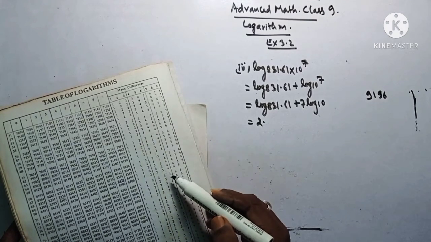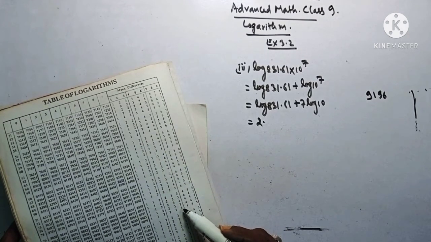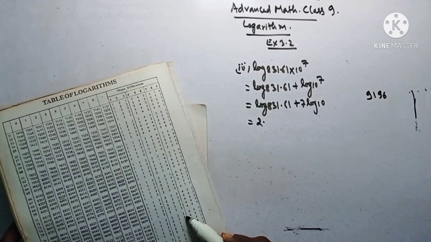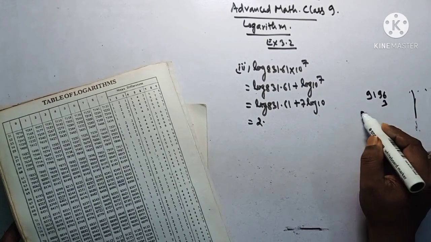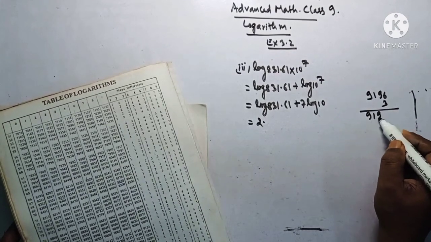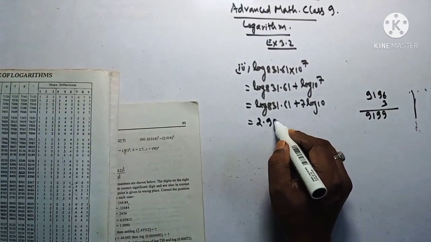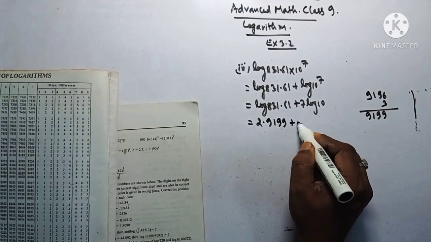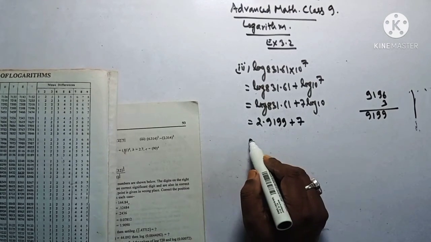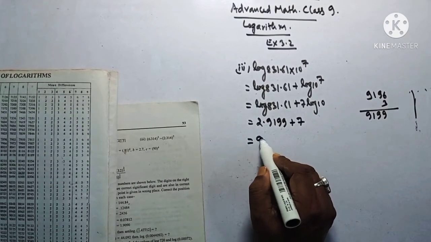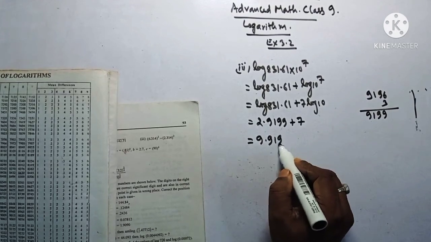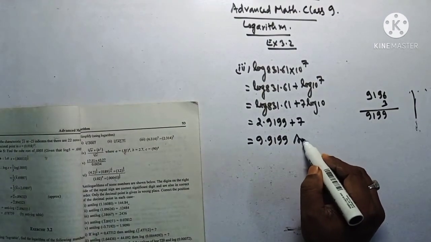Your mean difference for 831, your mean difference is 3, so you add 3 here, so 9199. This will be 9199 plus 7, so 7 plus 2 is 9.9199. So this is your answer.